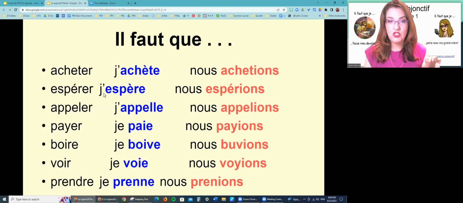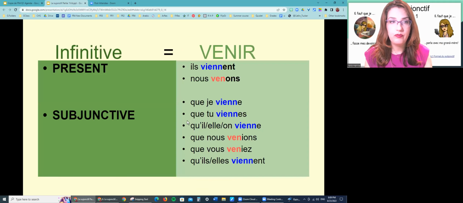All these are stem changing verbs. Payer, il faut que je paie, mais il faut que nous payions. Notice the difference in the stems. Boire, que je boive et que nous buvions. Il faut que je voie et que nous voyions. Il faut que je prenne et il faut que nous prenions.